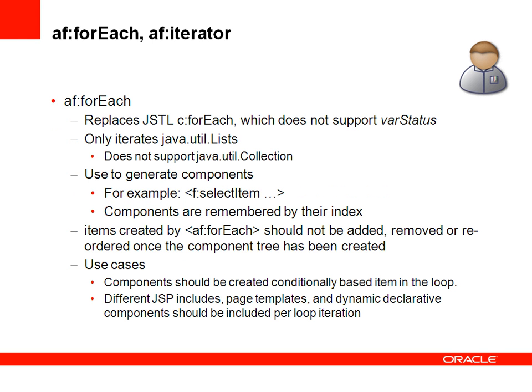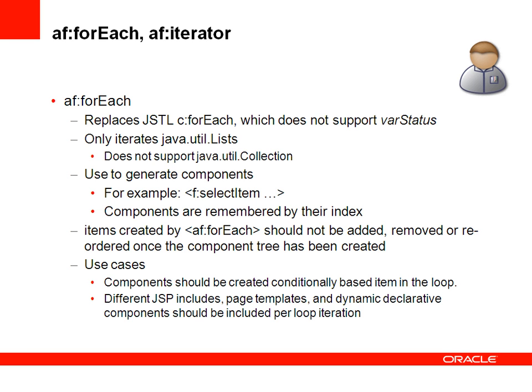On the other side, the AF for each is just a replacement of the JSTL for each, because this doesn't support any sort of variable status, so not giving you any kind of information about what the current state of the component is, which is very important if you work with JSF. This one only iterates over Java util lists and doesn't support collections.